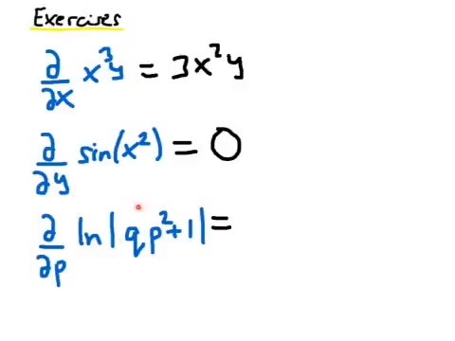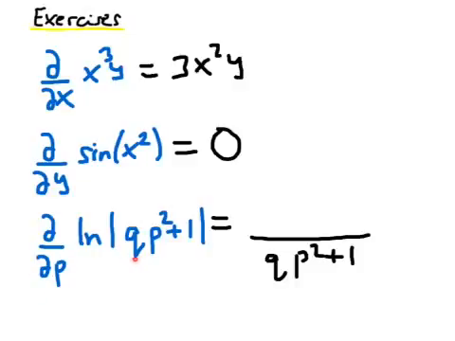The rules for logarithms do not simplify it in any way, so therefore we have to use the chain rule, and we say the derivative of a logarithm is 1 over the argument, and the argument is qp squared plus 1, and this is then multiplied by the derivative of the argument qp squared plus 1 with respect to p.